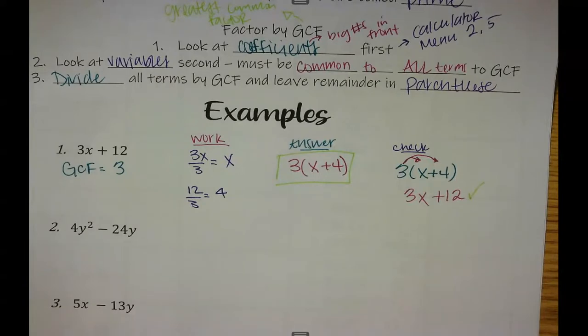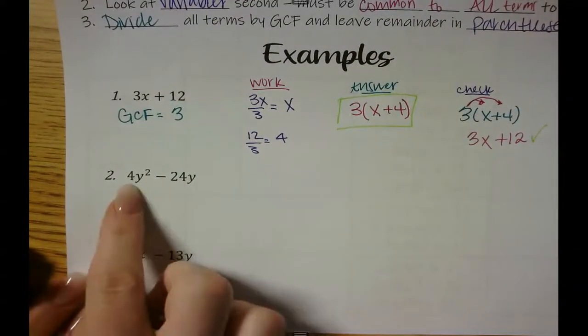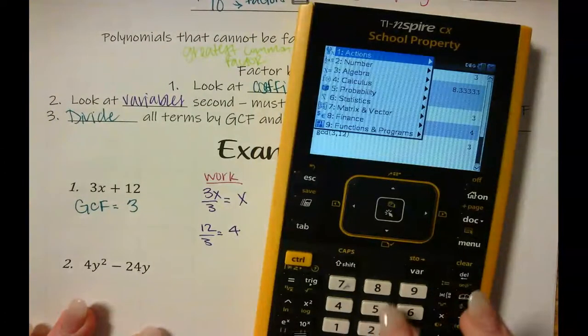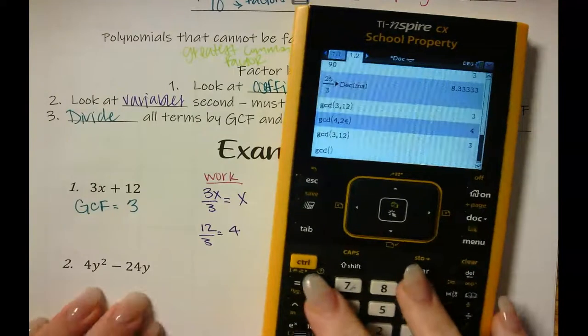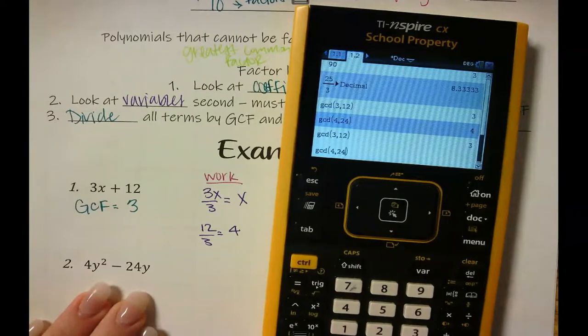All right, let's do another example. Number 2, we've got 4y squared minus 24y. First step is look at our big numbers. I'm going to put it in my calculator. Menu, 2, 5. I'm putting in 4, comma, 24.